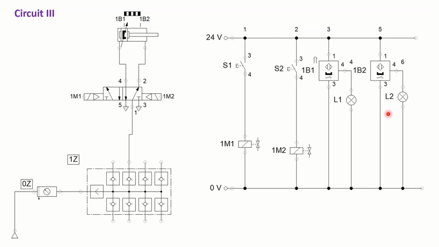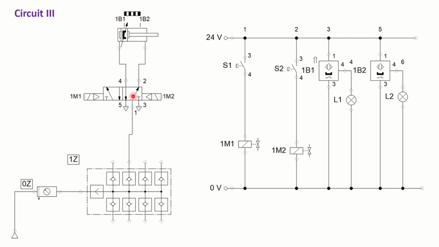I'm not going to discuss the functionality of magnetic proximity sensors, but as the name shows, they work based on magnetic induction. What we have here are 1B1 and 1B2, and a double acting cylinder.